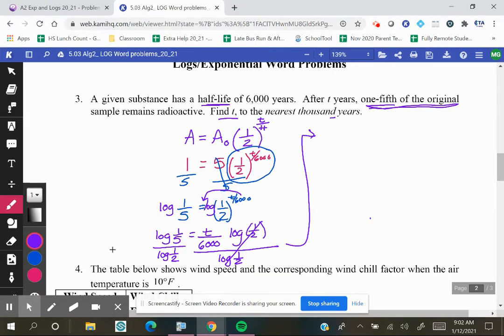So now I have on the left side 2.321928095 equals t over 6,000. A couple ways you can think about this. You could multiply both sides by 6,000. You could put this one over 1, and now you have two fractions set equal to each other, so you can cross multiply. T times 1 is t. And then you can go right into your calculator.